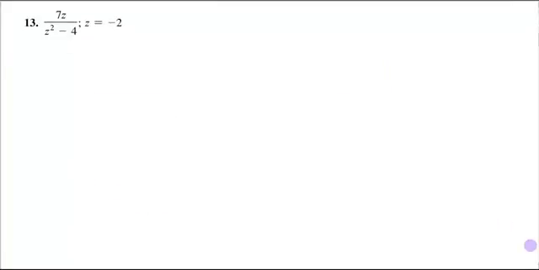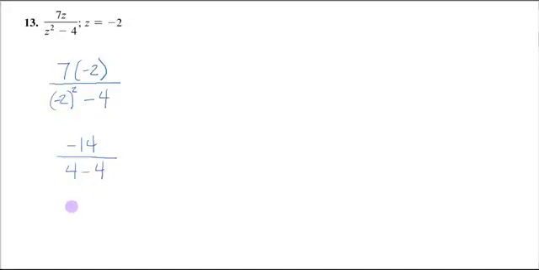And if we want to evaluate this, again, we'll put z as a -2. So 7 times -2 all over -2. We want to square that entire z minus 4. So this is -14 over 4 minus 4. So -14 over 0. Okay.